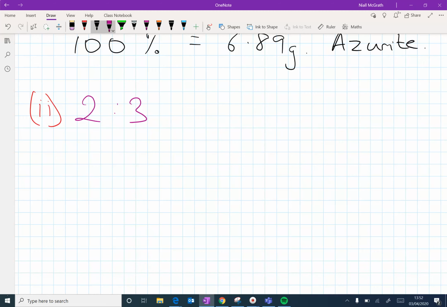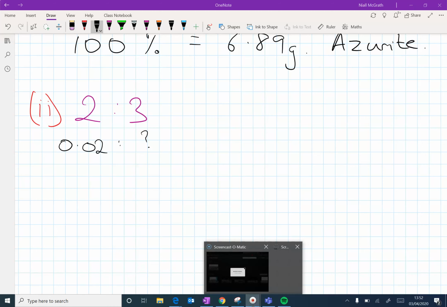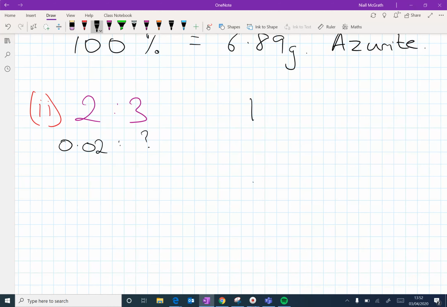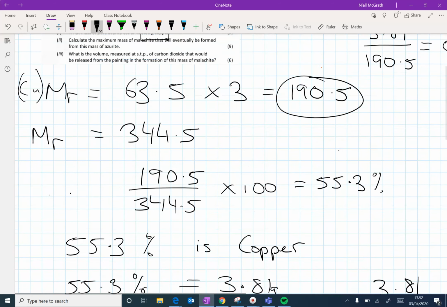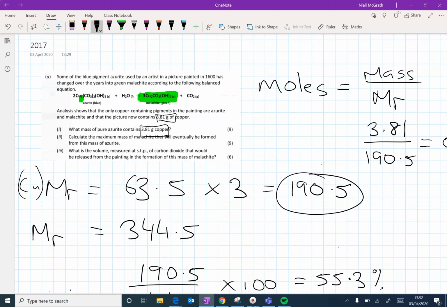We have 0.02 moles over here, and we're trying to find what this is. So we want to see what 1 would be. You divide that by 2, so 1 would be 0.01. If we multiply that by 3, we have 0.03 moles of malachite, and 0.02 moles of your azurite. And if we look at the water and the carbon dioxide, we'd have 0.01. So here we have 0.02, 0.01, 0.03, and 0.01.